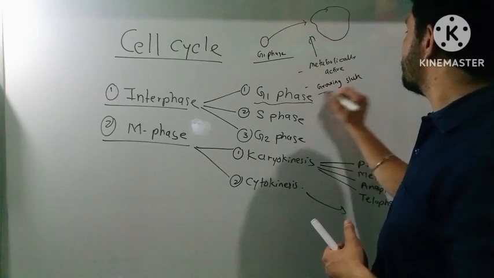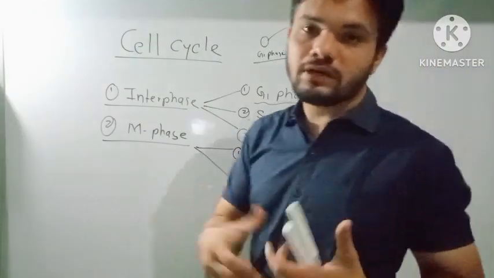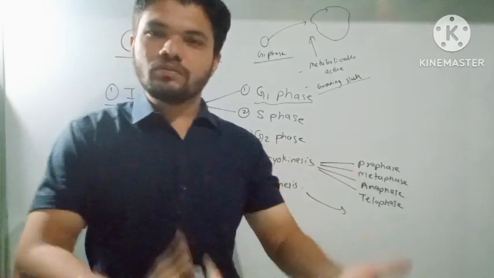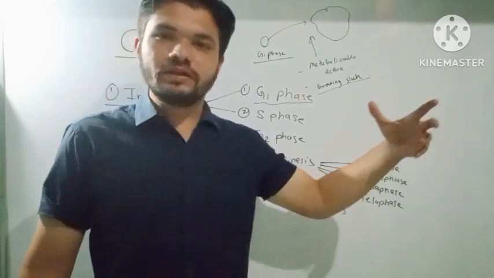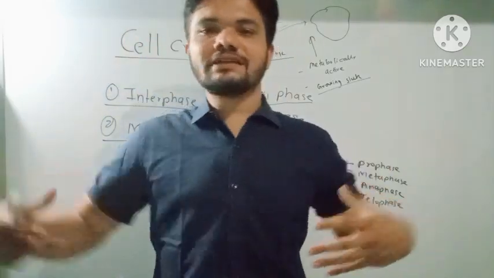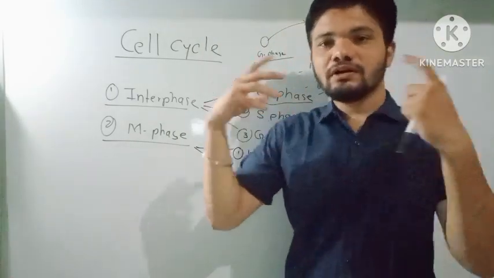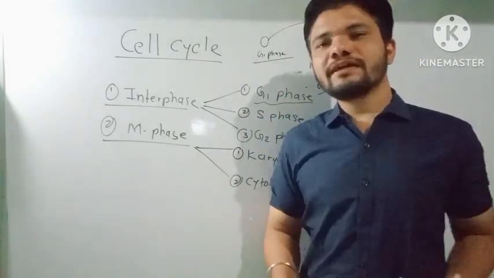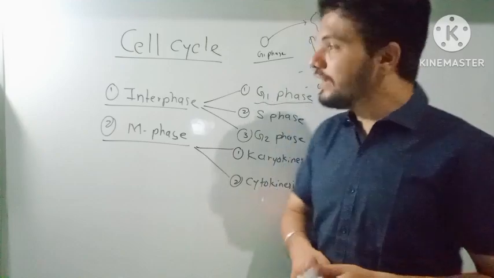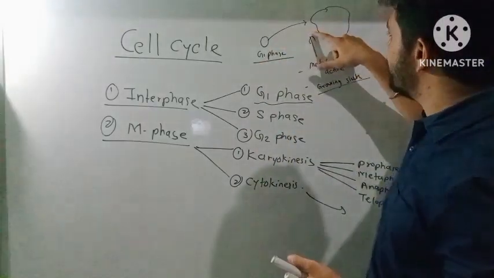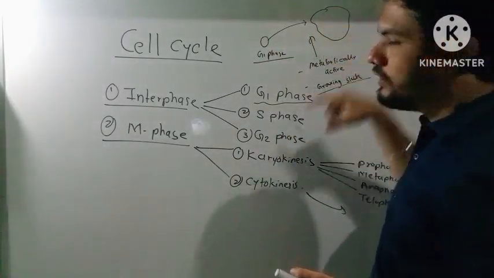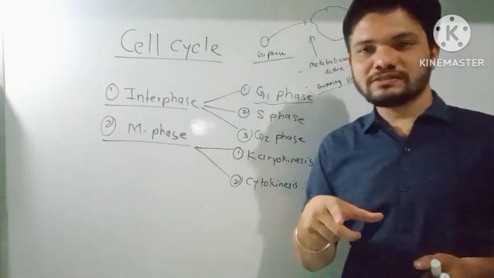Just like us, we are born and then we are growing. Our cell mass increases, our body mass increases, our weight increases, height increases, etc. Just like that, the cell is born and is metabolically active in the G1 phase.